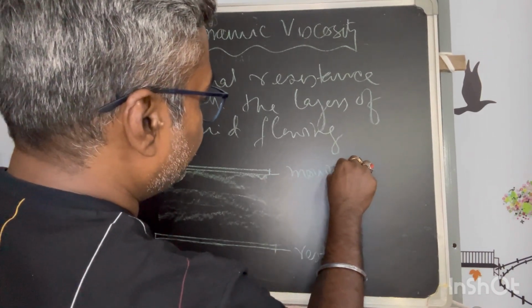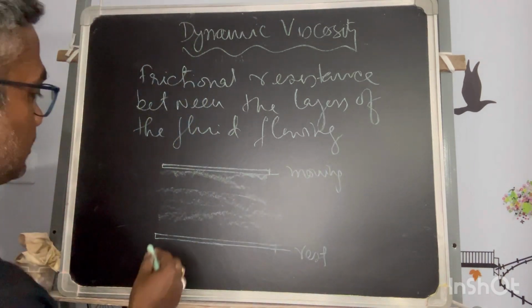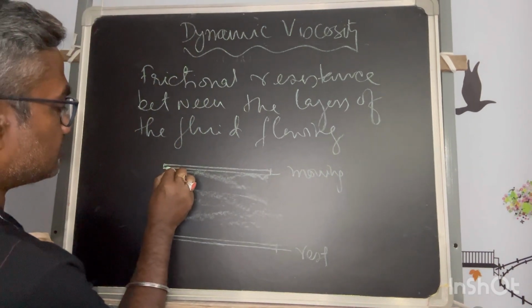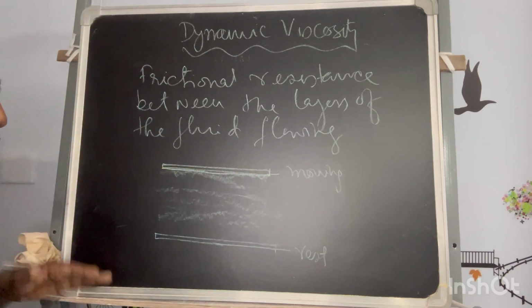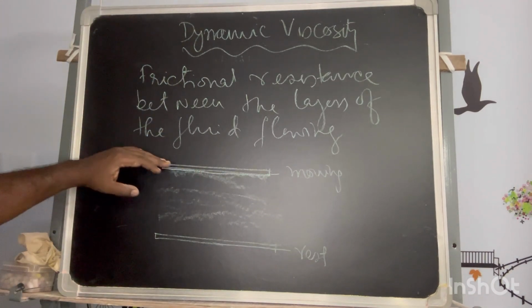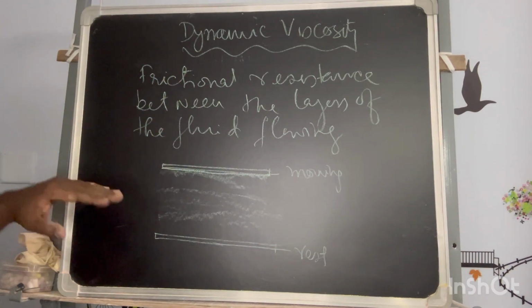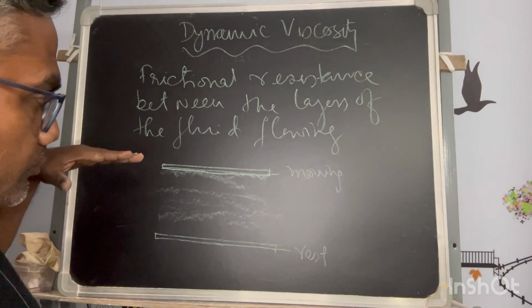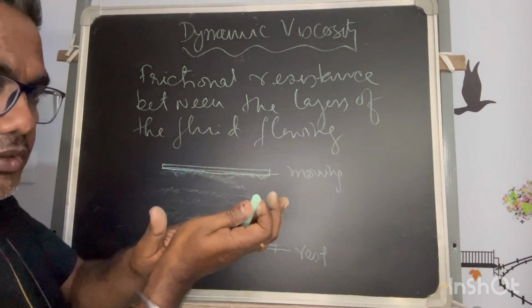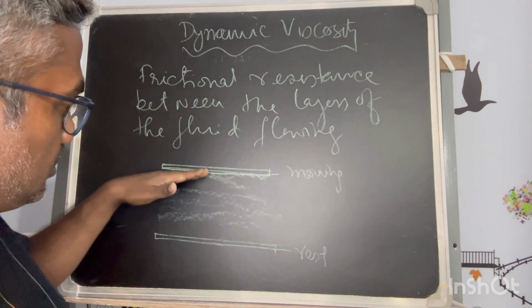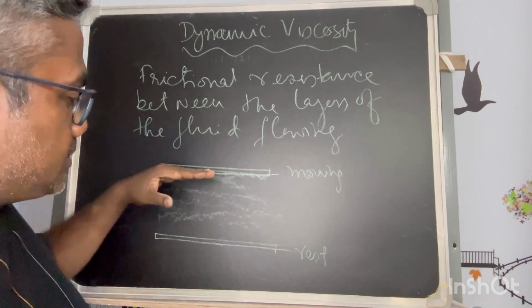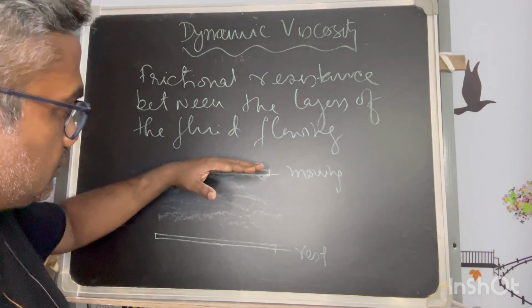Now if this is moving, the layer just adjacent to it will get the maximum velocity due to the force it will give to the layer, as it is attached to it and must have some adherence to the solid surface.